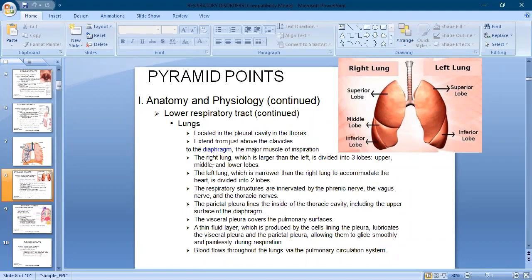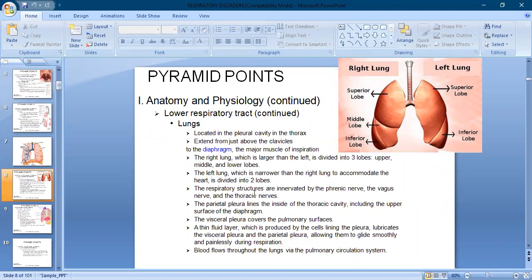So the right lung is a little bit larger than the left lung and is divided into 3 lobes: upper, middle, and lower lobes. But the left side contains 2 lobes, and it is a little bit narrower than the right lung and accommodates 2 lobes, superior and inferior.